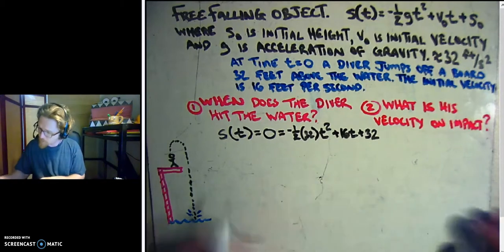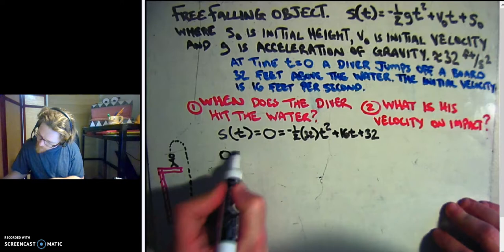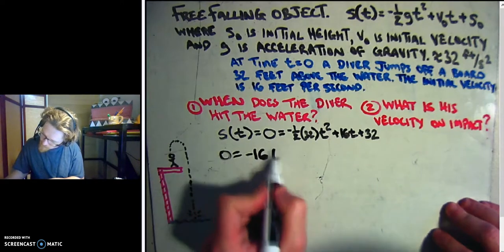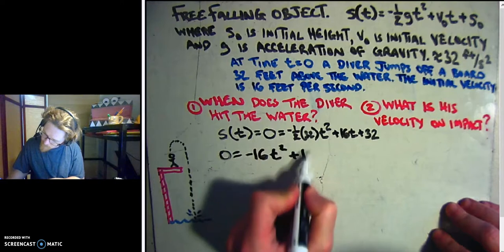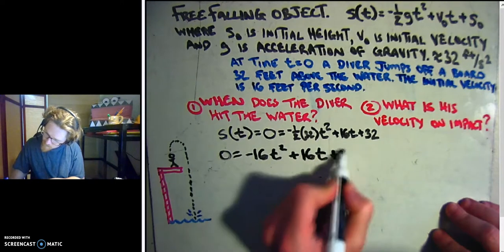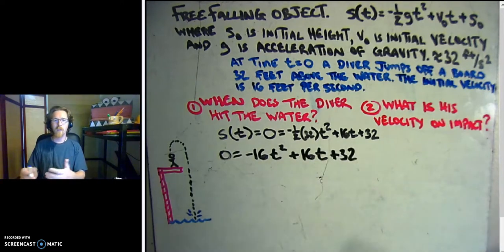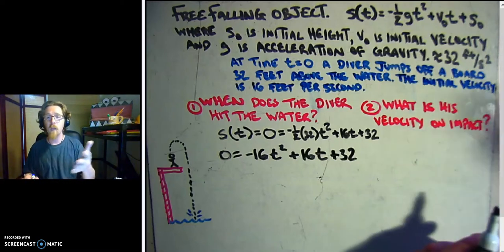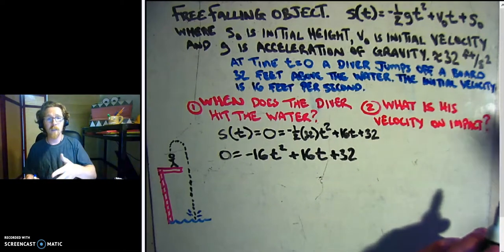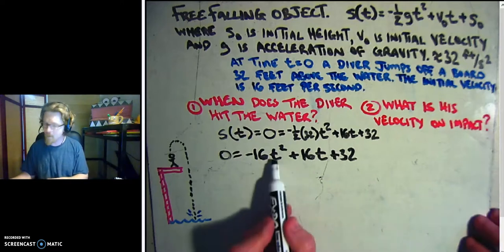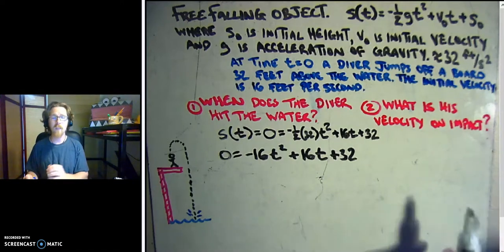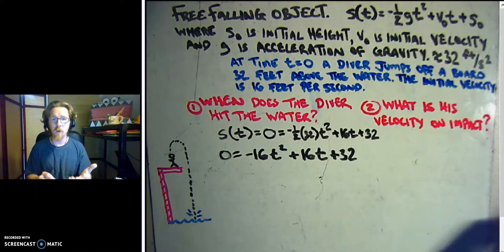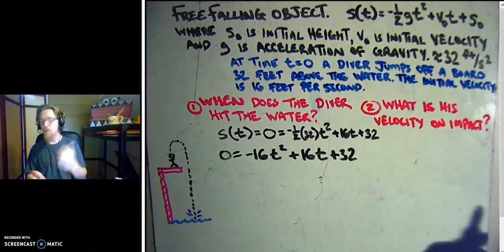First we'll do some simplifying. So this is going to say 0 is equal to negative 1/2 times 32, which is negative 16t squared plus 16t plus 32. So I just simplified the negative 1/2 times 32. Now I notice that there is a common factor of 16, and also my t squared is negative 16, and because I want to deal with a positive t squared, I'm going to factor out a negative 16 from each term.